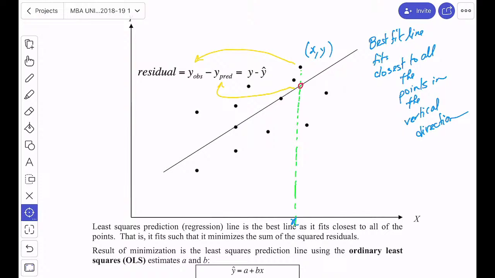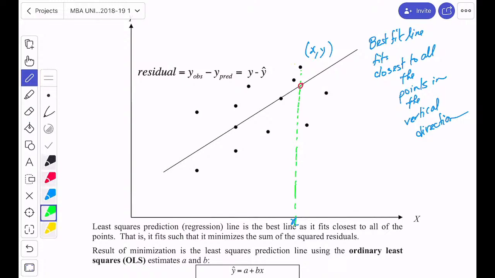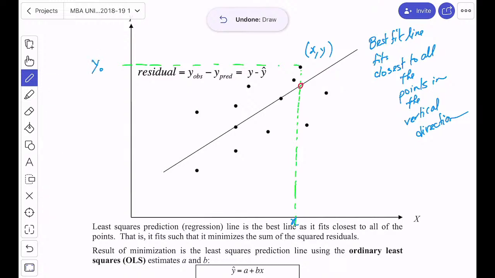Okay, so let me just remind you, for people who are still confused about what I'm doing, this traces back to here. So this is y. That's y observed.